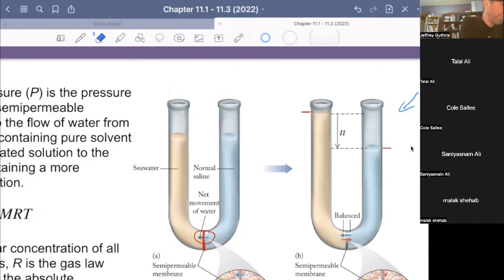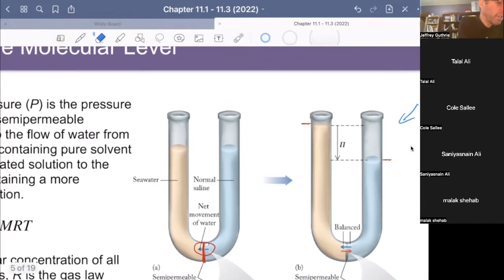For reverse osmosis, what we would have to do is exert pressure right here. We would have to push that down, force the solution to go this way back into the saltwater solution. So it's the opposite of a spontaneous process.